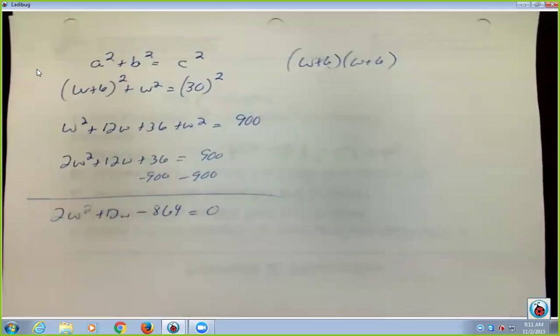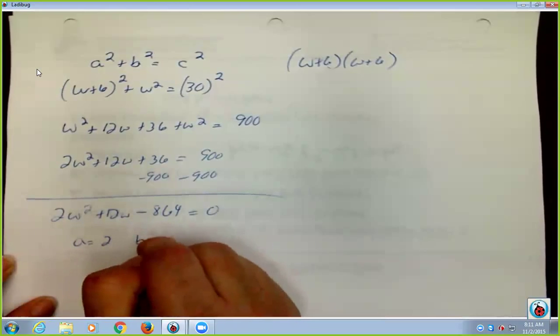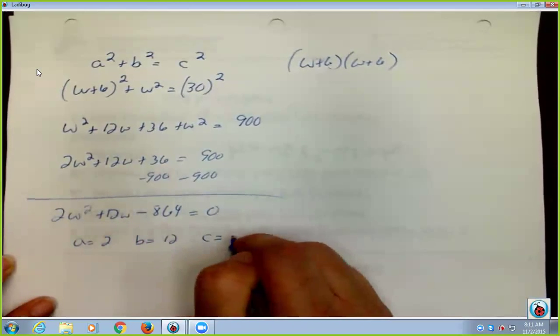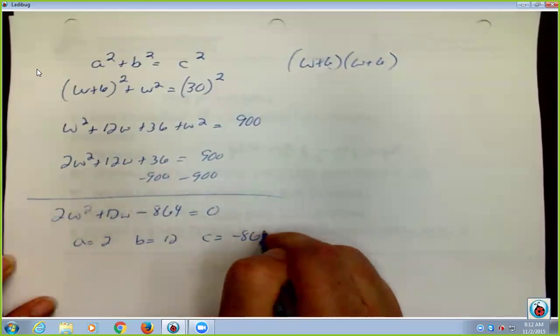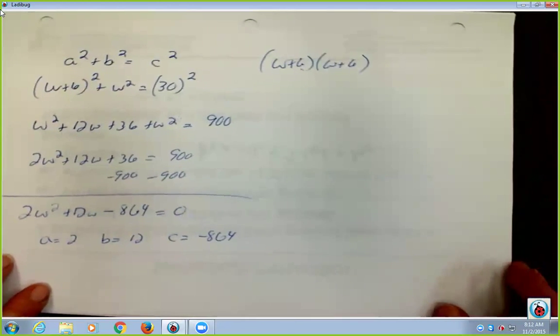So once I get it to that format, then what can I do to it? Well, quadratic equation or quadratic formula we can end up using. So a is 2, b is 12, and c is a negative 864. So your numbers are going to get pretty large with some of these story problems.